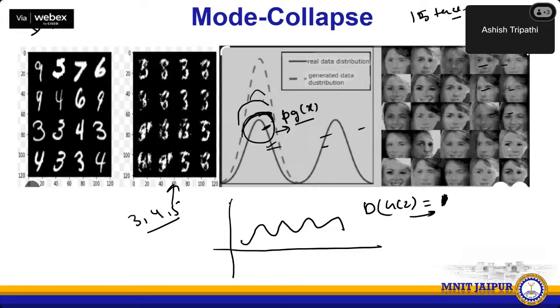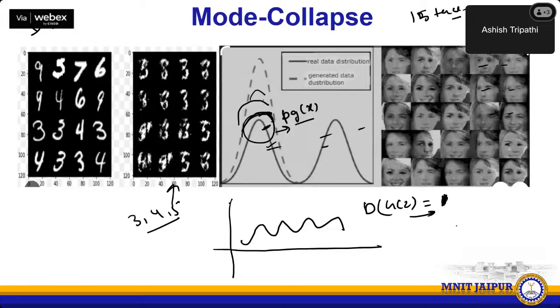Whereas if generator is getting failure, then it will try to change its probability distribution to fool the discriminator. If generator is not failing, and it is easily able to fool the discriminator, then it will generate the same or similar type of image, or some group of images from which generator is able to fool the discriminator.